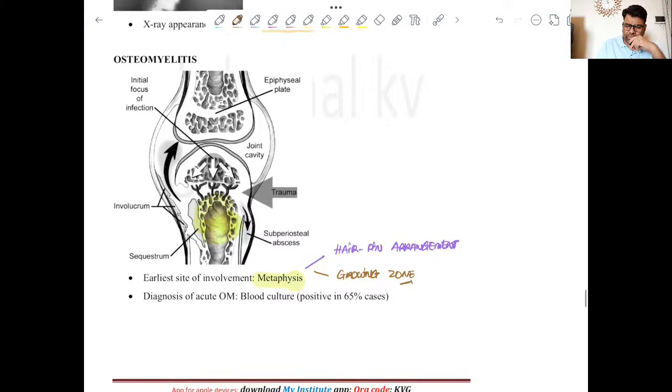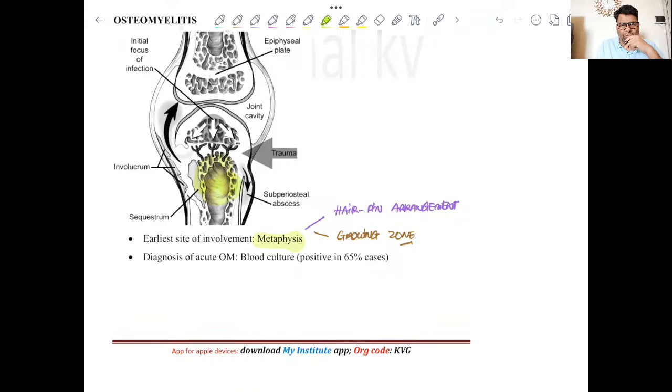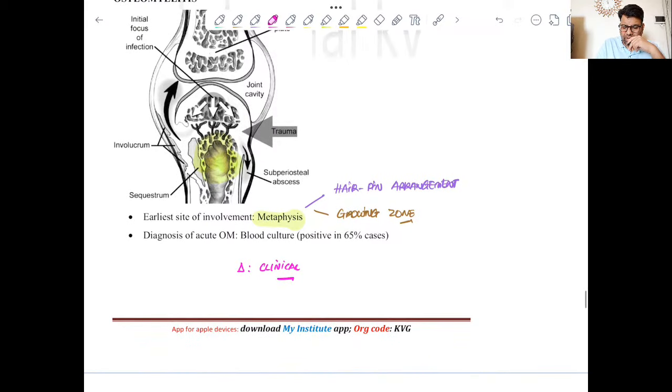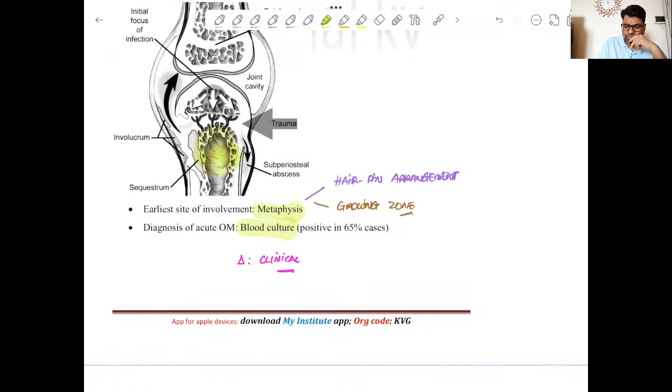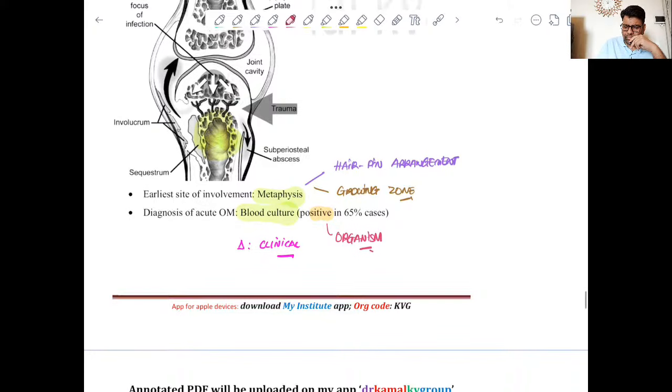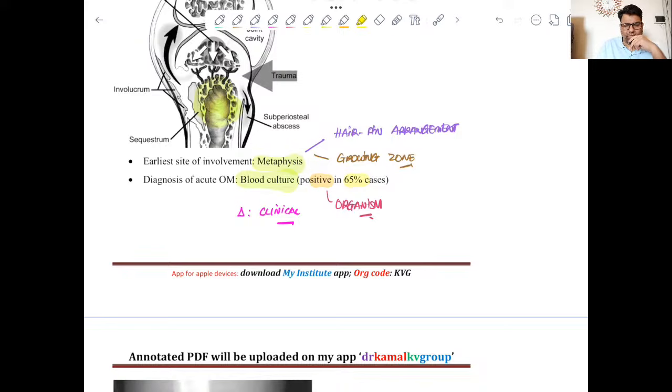Now presentation is with pain, swelling, restricted movements, high grade fever, and therefore the diagnosis has to be clinical, because X-ray usually does not show any changes in the early part of the disease. But yes, we can go for blood culture, which might help us in getting the organism in about 60% of cases. So we can go for culture and sensitivity, but again this is not 100% helpful.